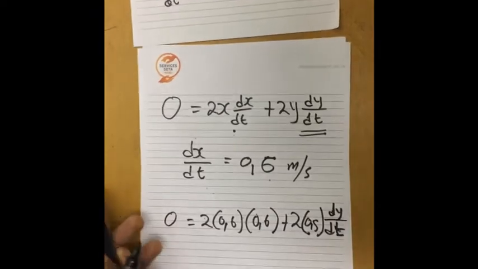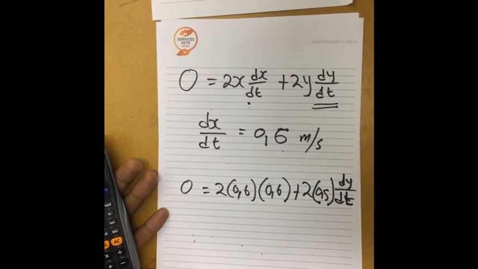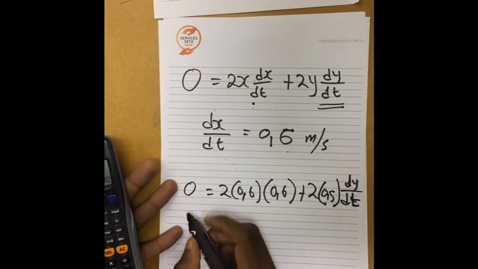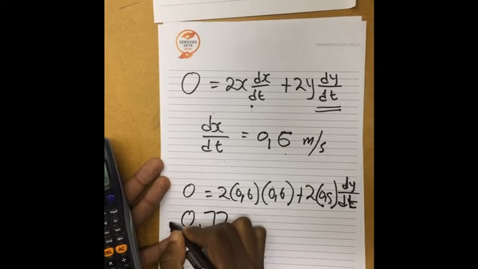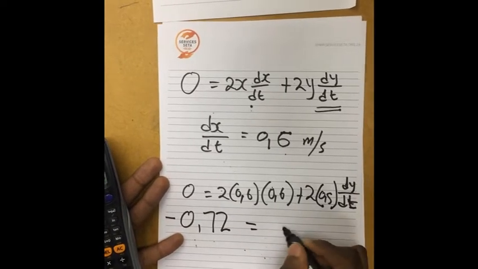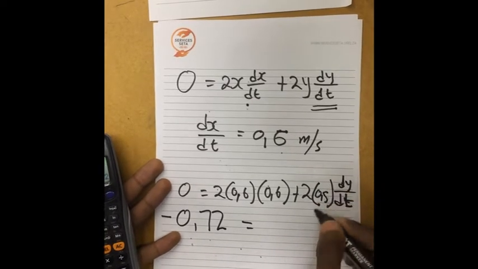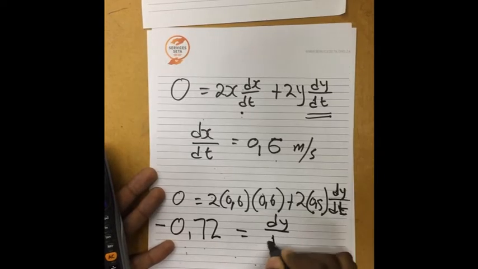By calculating this, we have negative 0.72 equals, and this value will give us 1, so we only write dy over dt.